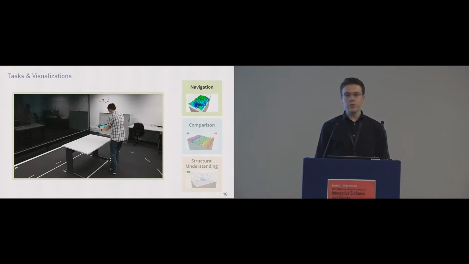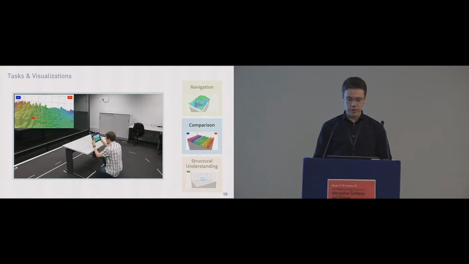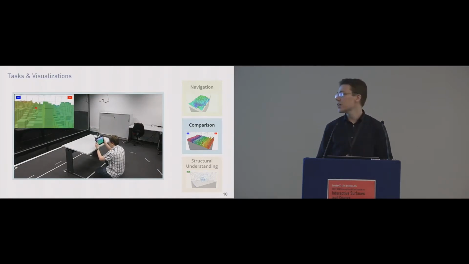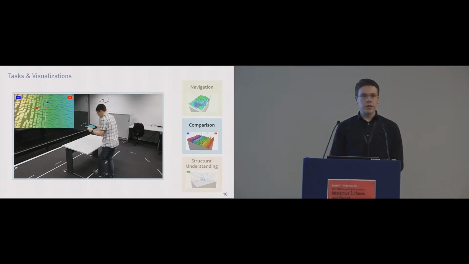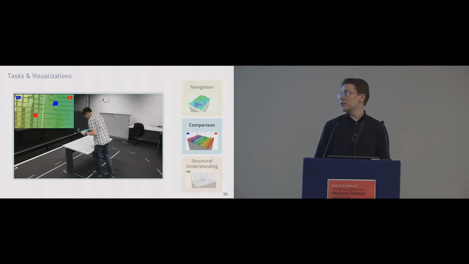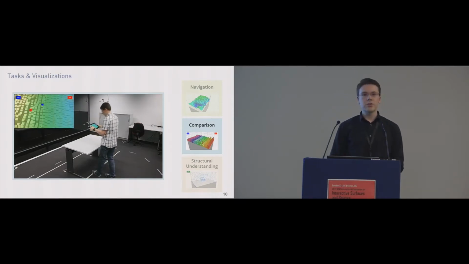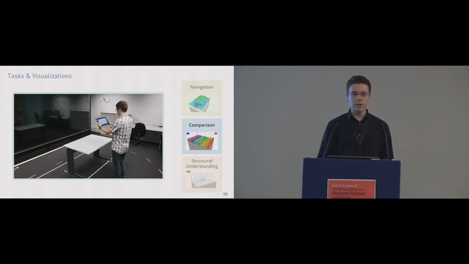And then we had two more tasks that also obviously have navigational components, but also a little bit more than that. So the second task was a comparison task. For this task, we used a 3D bar chart, and the task was basically to compare the height of two indicated bars and find out which one was higher.